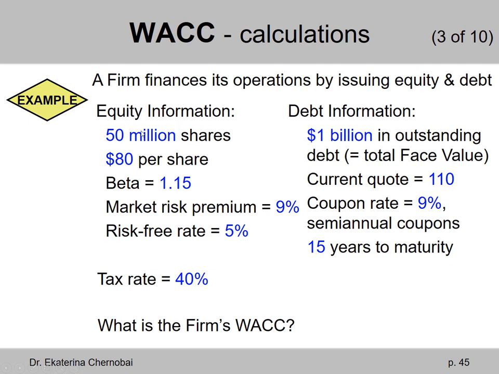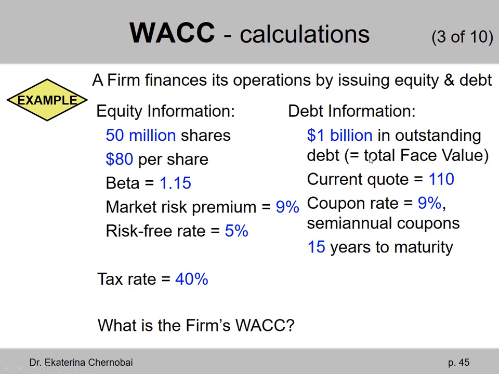Let's see what we know about equity. The firm has 50 million shares, $80 per share, beta equals 1.15, market risk premium equals 9%, risk-free rate equals 5%. Debt information: $1 billion in outstanding debt.